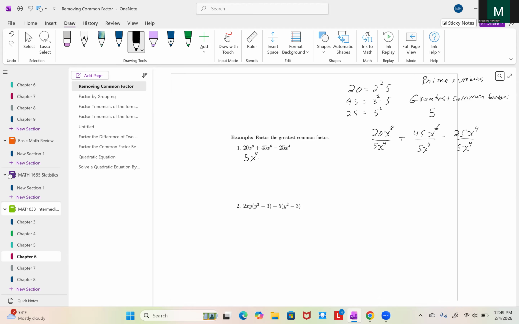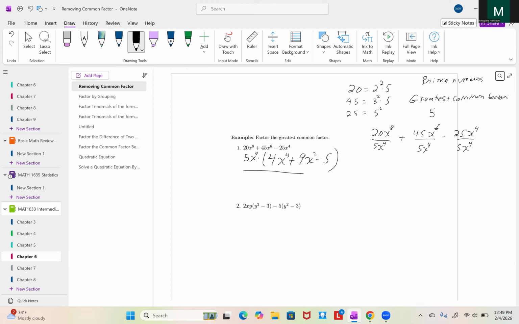So the first term, we are going to put inside the parentheses. 20 divided by 5 is 4. x to the 8 over x to the 4th is x to the 4th. Plus 9x squared minus 5.